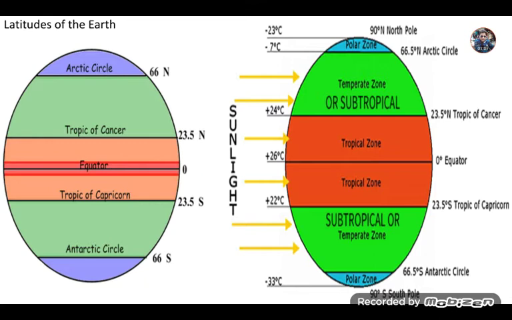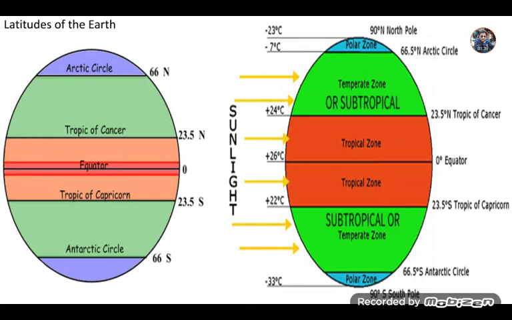Just look at the right side of the globe. 0 degree to 23.5 degrees north and 0 degree to 23.5 degrees south, that is equator to Tropic of Cancer and equator to Tropic of Capricorn. This region is called the tropical zone or torrid zone, where the sunlight directly falls upon the earth's surface throughout the year.